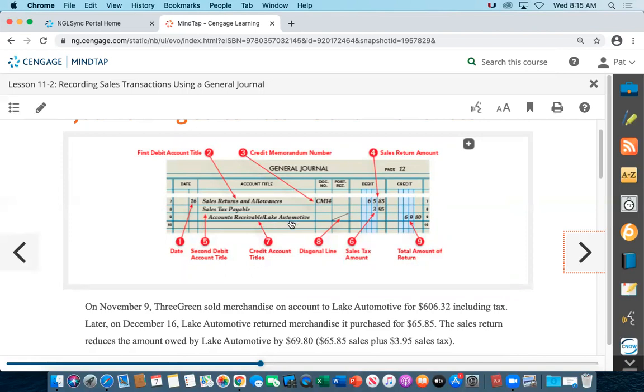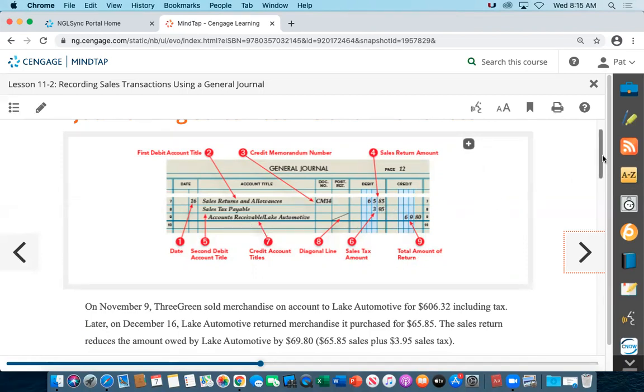So we have the backslash. Like last time we had debit memorandums, we had accounts payable and the vendor in the debit. When we have a credit memorandum, we have accounts receivable and our customer. Okay. That's always been the easiest way. It might not make much sense to you, but that's always how we've done it.